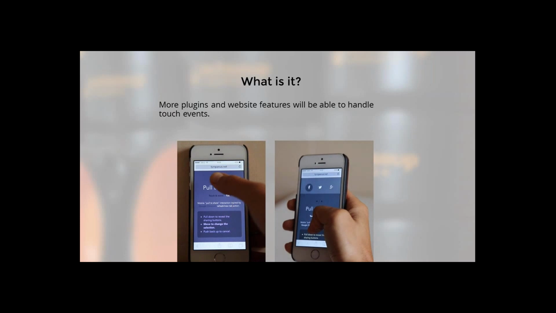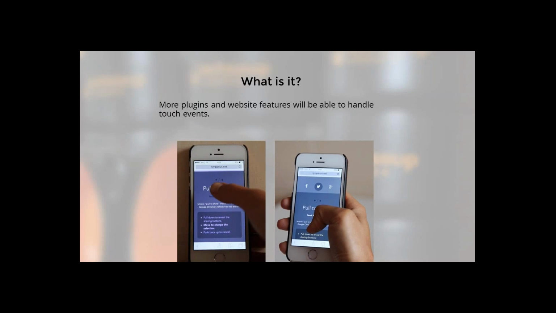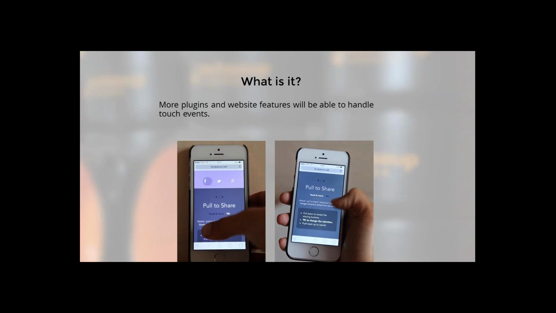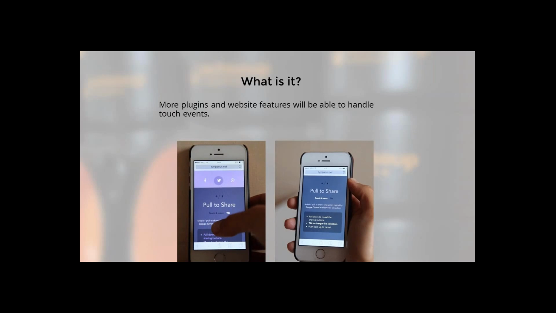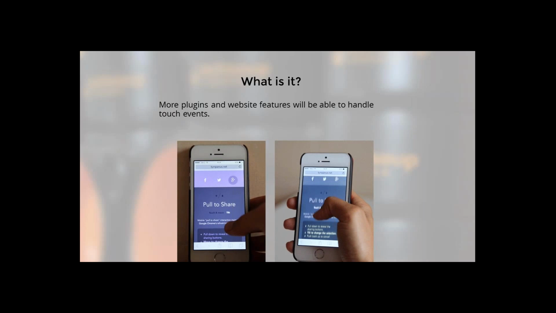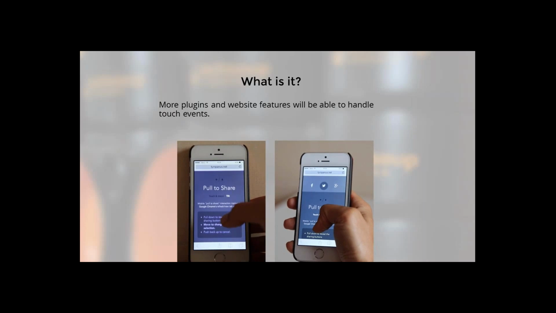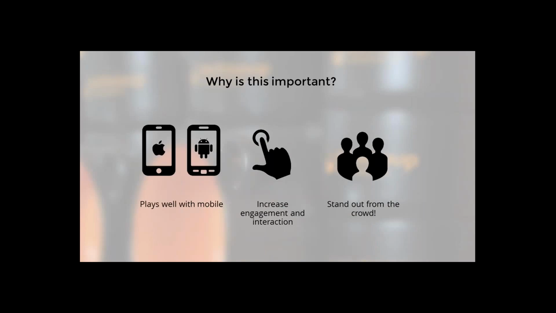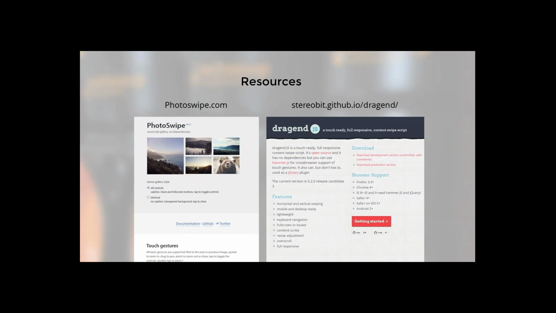Just having that kind of technological know-how always reflects positively on your nonprofit, shows that you're up to date and trying to get as close as you can to the cutting edge. And now you might be thinking, okay, this is a great feature. How the heck do I code this? Well, I can't tell you, but there are free open source codes that support touch-supported web features.